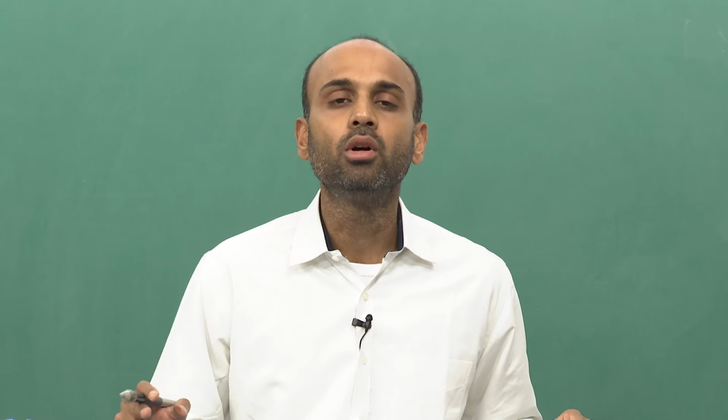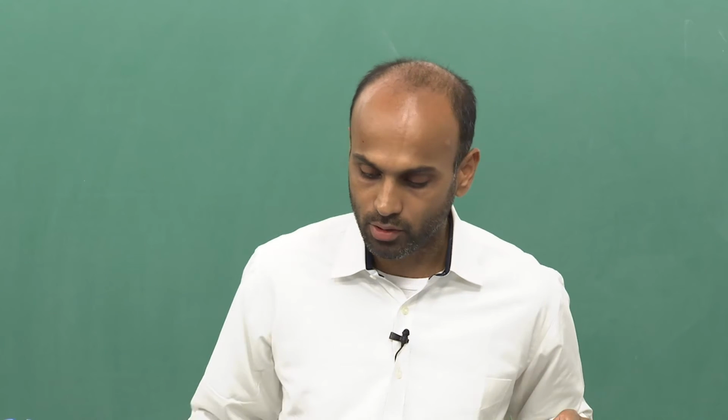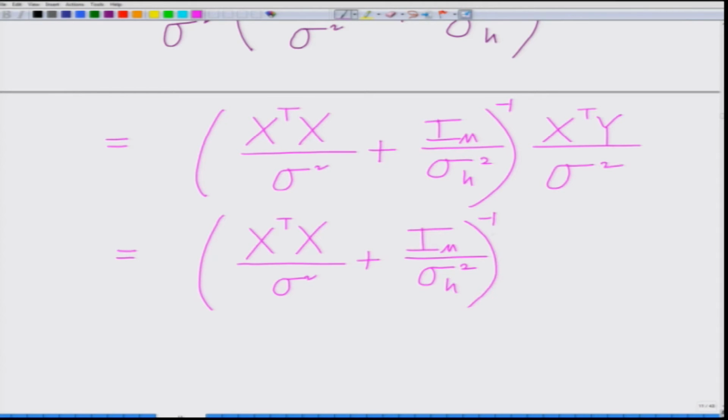Now, I am going to divide and multiply by R, the number of receive antennas. This gives X transpose X divided by sigma square plus I M divided by sigma h square, inverse, times X transpose Y divided by R sigma square, where I take the R in the numerator because I divide and multiply by R. The multiplied R I take inside the inverse, so it again comes in the denominator.